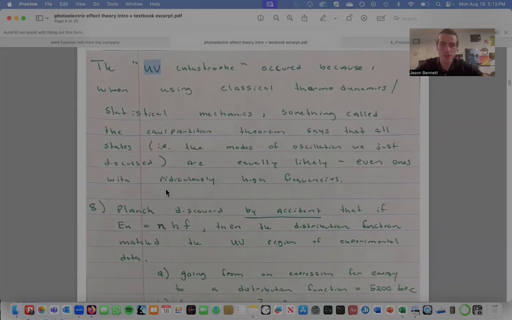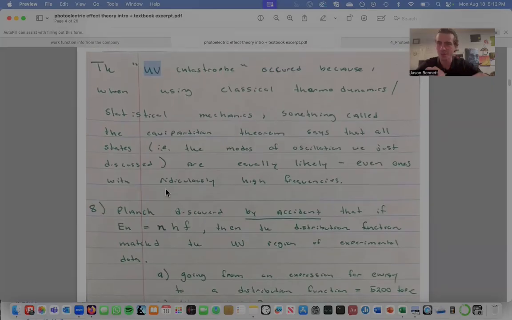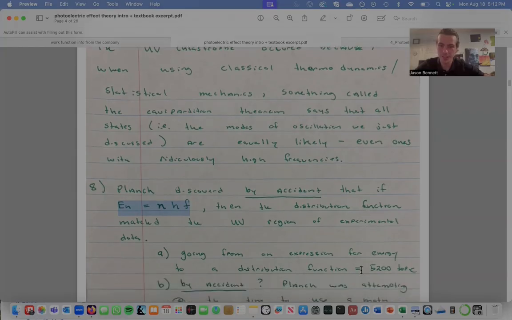So I'm just gonna make some notes here. The idea of going from an energy equation or a function for the energy to a distribution function is very in depth. It involves the partition function and lots of different things that we don't really need to discuss here.